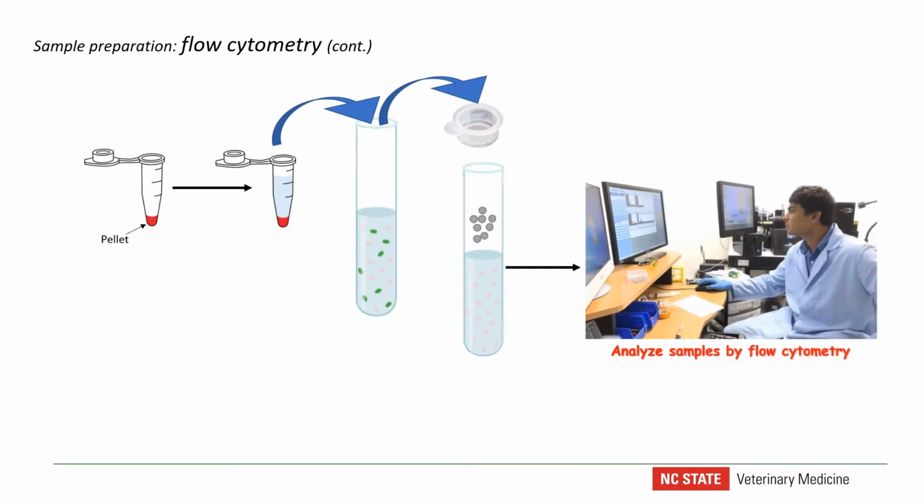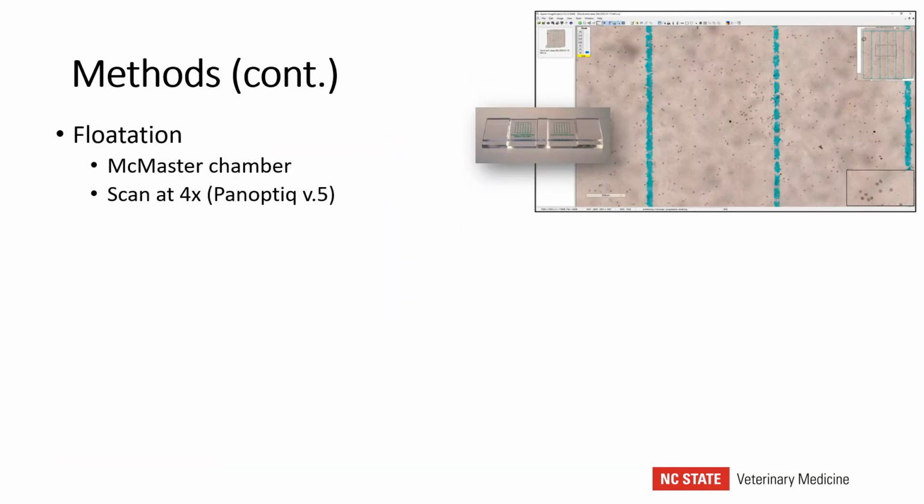And finally, it was sent for analysis by flow cytometry. For manual counts, the filtered fluid was dispensed to fill each of the McMaster chambers. The slides were set aside for 5 minutes before they were placed under a microscope and scanned at 4x magnification.